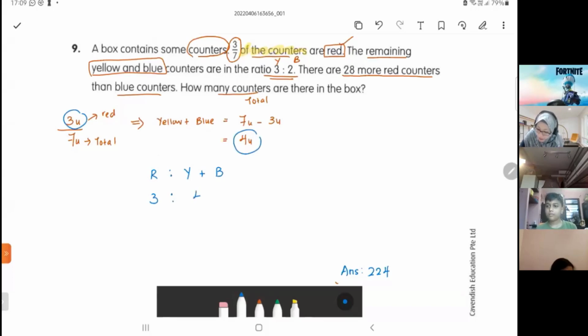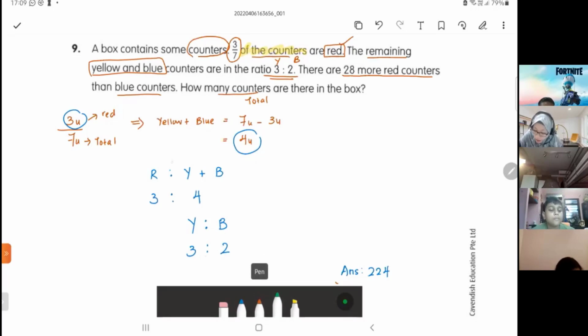Now, we know that the yellow and blue, I can further divide into individual. Yellow to blue is 3:2. Okay, so which means I can find their total, the yellow and blue total.